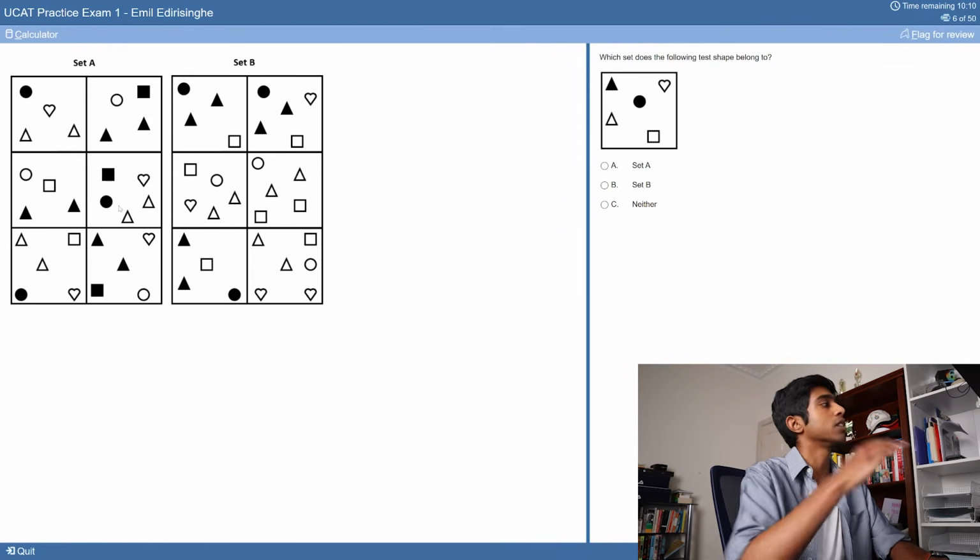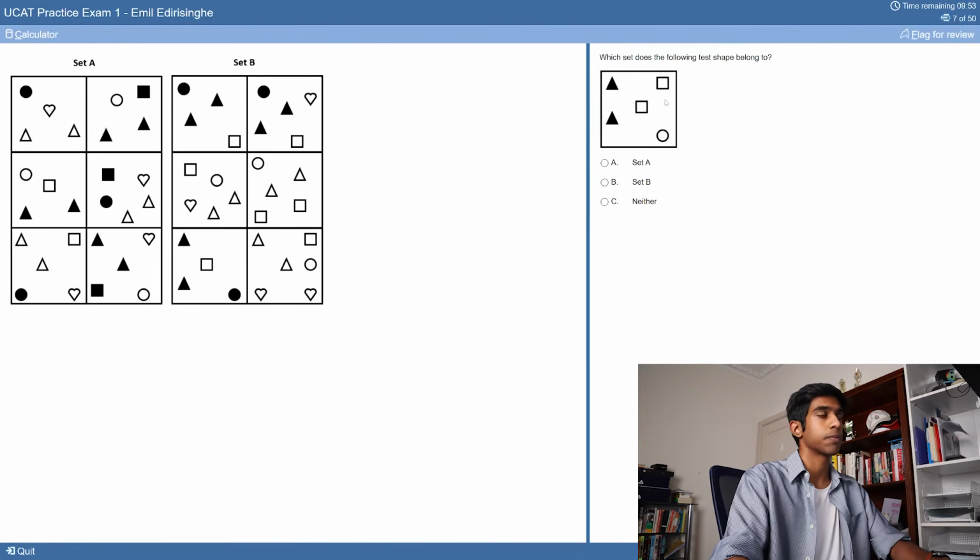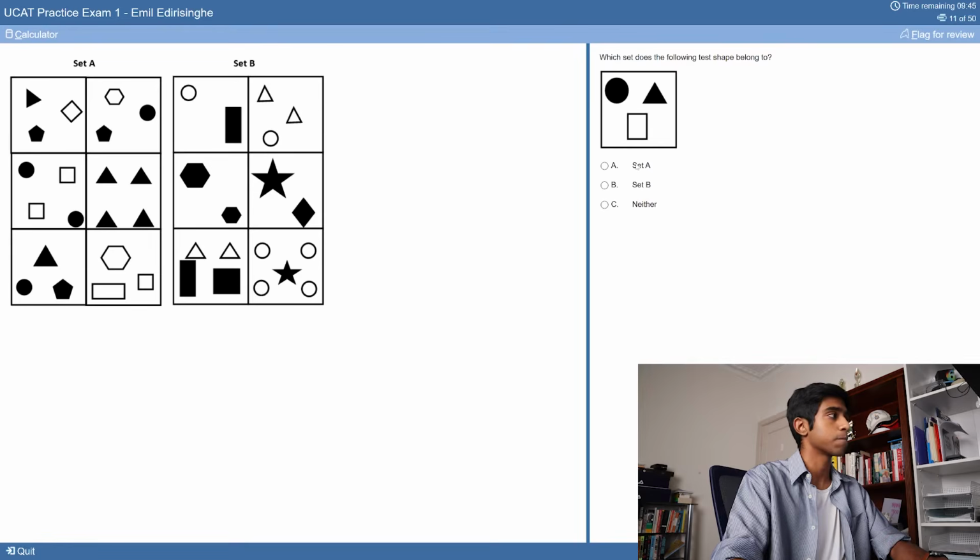Yeah, so when the circle is black, the triangles are white. Circle's white, triangles are black. Doesn't seem to be anything with position. Yeah, because, yeah, all right. And then here you got black circle, black triangle, yeah. This is neither, set A, neither, set B, set A, okay.